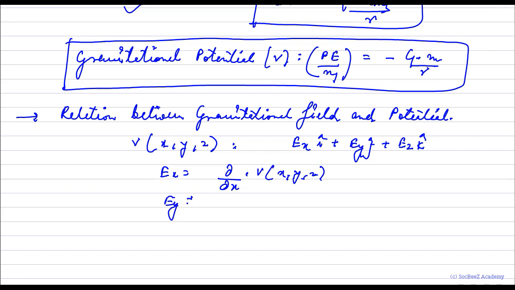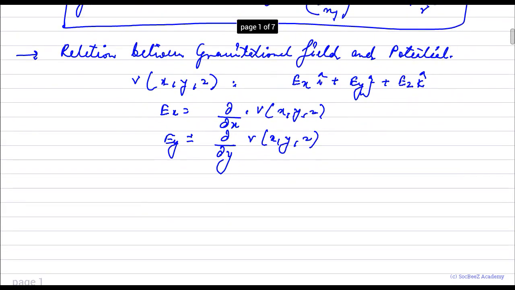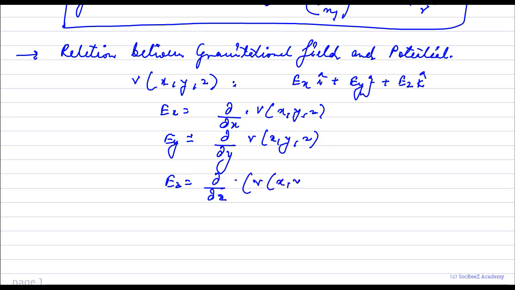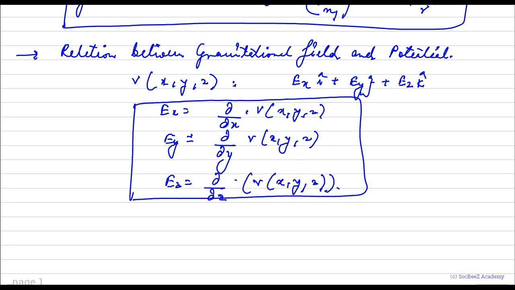Ey is going to be the partial derivative of V with respect to y, and Ez is going to be the partial derivative of V with respect to z. So this is the relationship between the gravitational potential and the gravitational field.